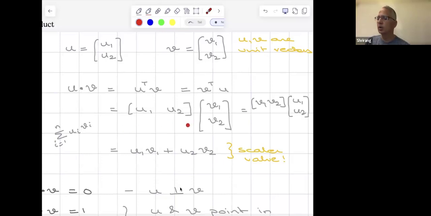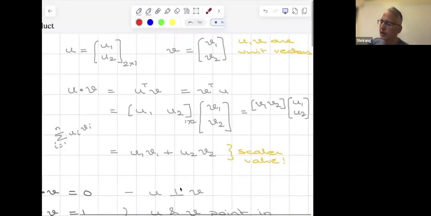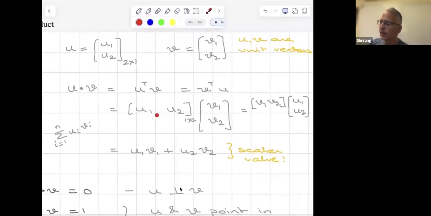It has one row and two columns, whereas the column vector has two rows and one column. So the shape of the vector changes from 2 by 1 to 1 by 2. I interchange the rows and the columns, and then I do the multiplication by basically saying U1 into V1, U2 into V2. That's how we define the dot product.